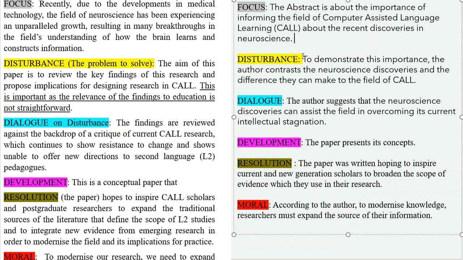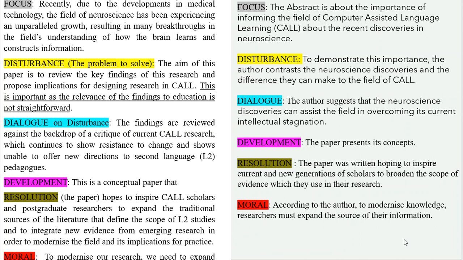The paper presents its concepts. The paper was written hoping to inspire current and new generations of scholars to broaden the scope of evidence which they use in their research.